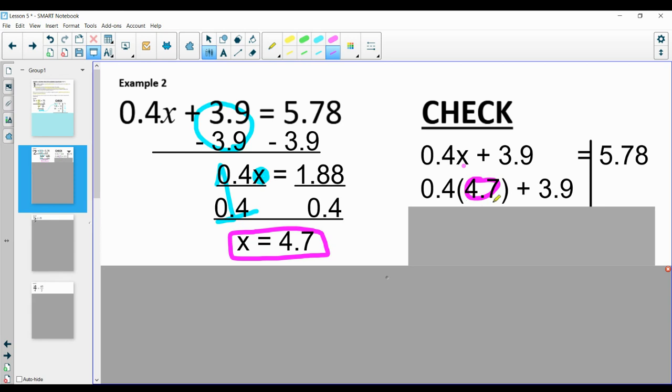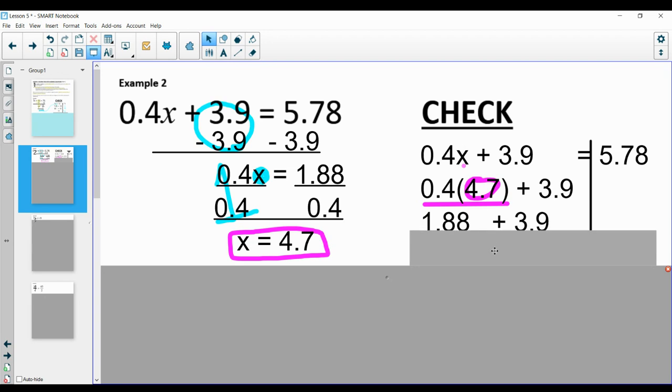So now let's simplify. What's 0.4 times 4.7? I have to use my calculator. So let's see. 0.4 times 4.7, and I get 1.88.